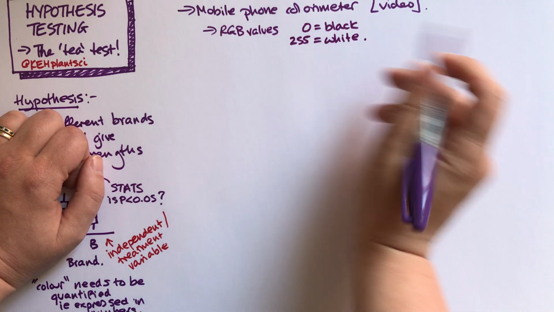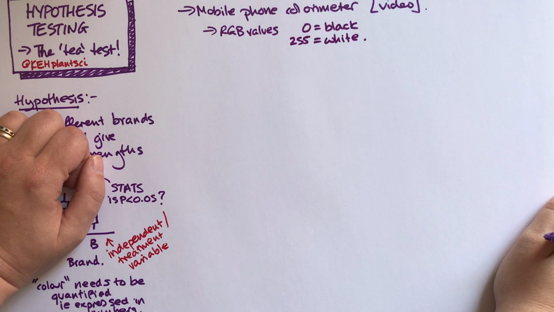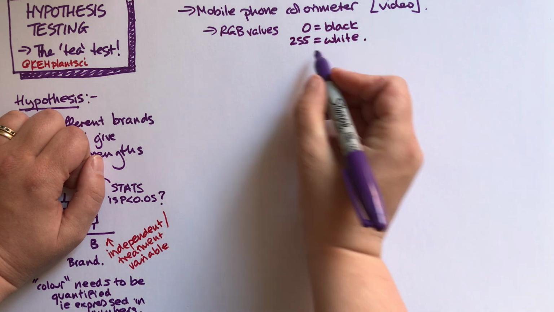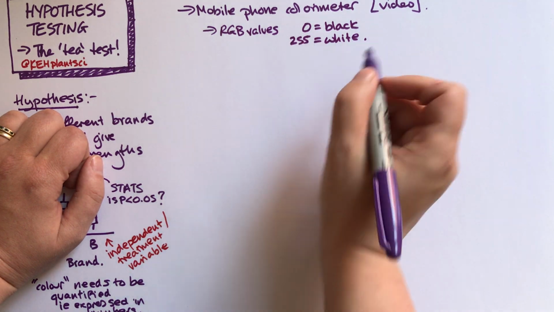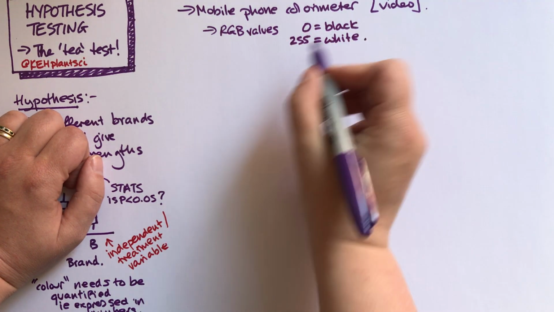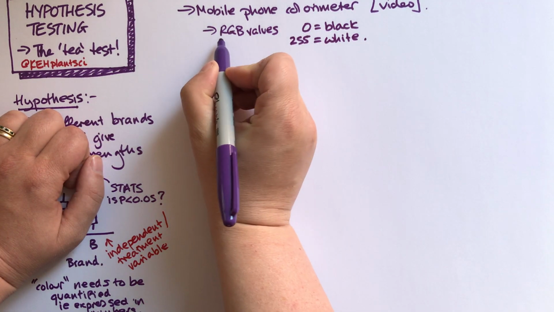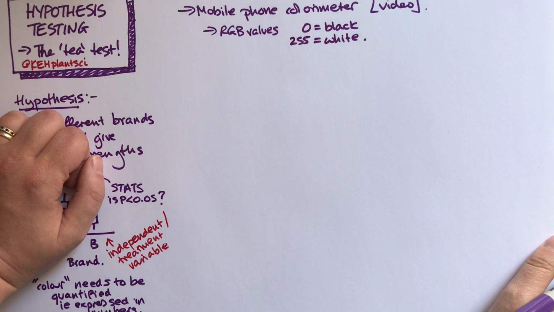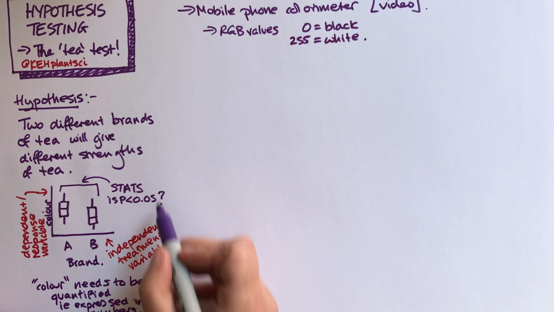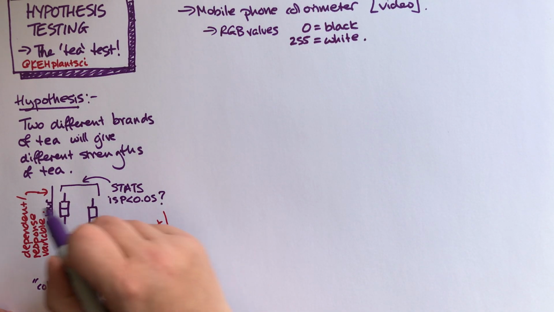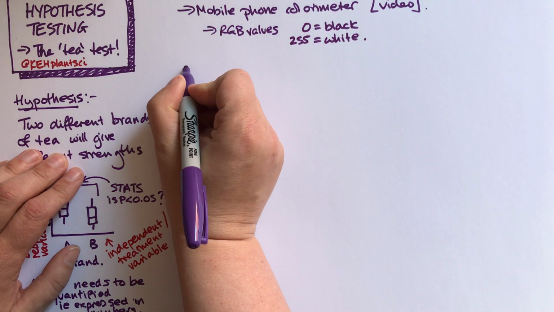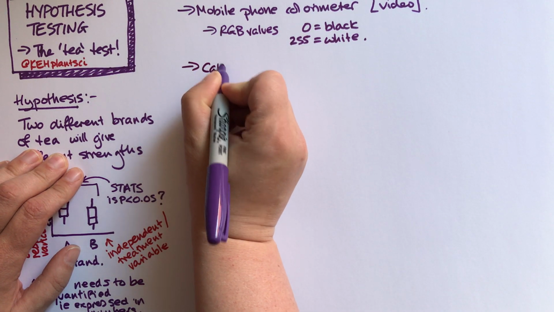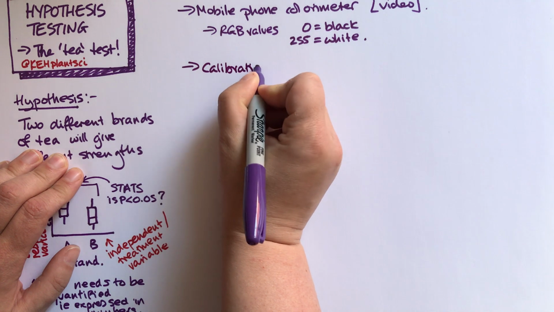So all of our values are between 0 and 255 in this method. It's able to give us actual numerical values for colour for red, green and blue. Before we can get to comparing our different brands of tea, what we need to do is to set up a calibration curve.